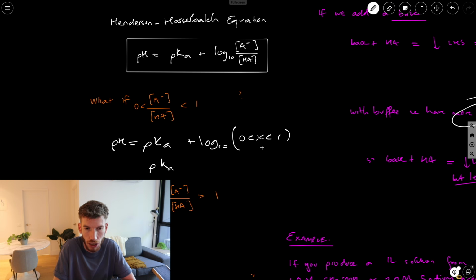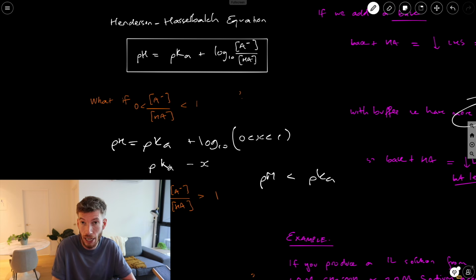So if this is a fraction of 1, the log 10 would actually be a negative number. So you'd end up taking away some value, let's just call it x. And so pH should be less than pKa, because pH is whatever pKa is, take away some number, like that.